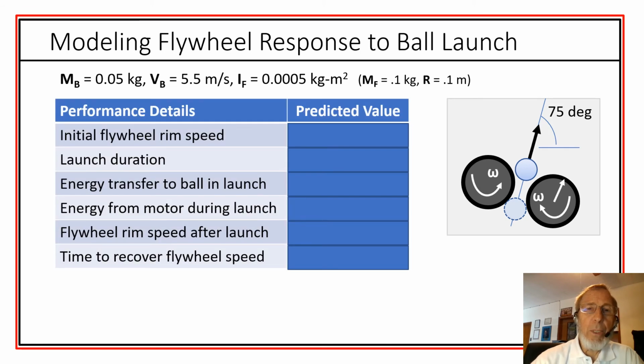From this, we can answer some different questions. Our simulation will give us information to answer these questions.